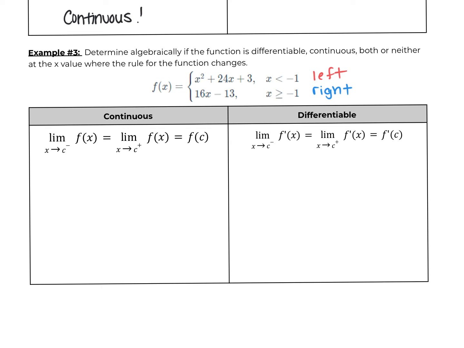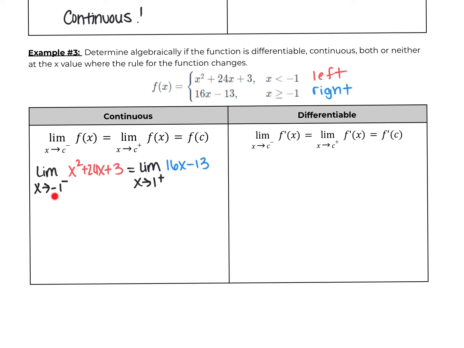So the first one, to prove continuity, we want to prove that the limit as x approaches negative 1 from the left of f of x, which is x squared plus 24x plus 3, is equal to the limit as x approaches negative 1 from the right of the right function, 16x minus 13. Again, you don't need this. I'm not going to write it because I'm kind of running out of space here.